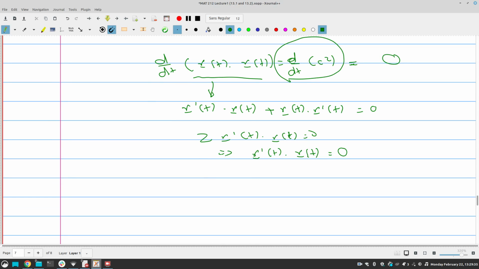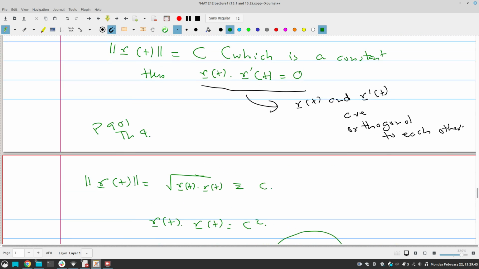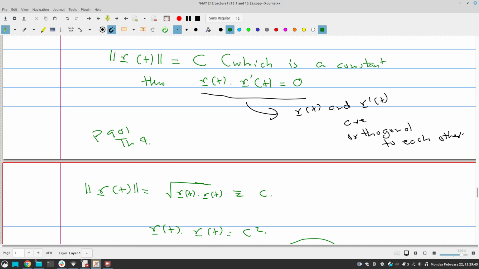So if the magnitude of a vector is constant, then it is orthogonal to its derivative.